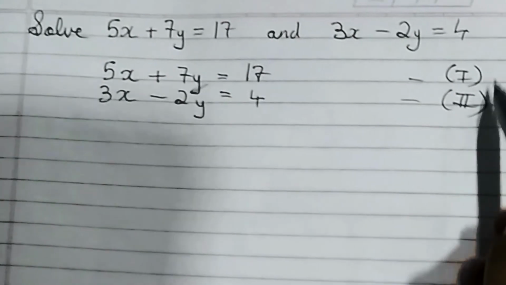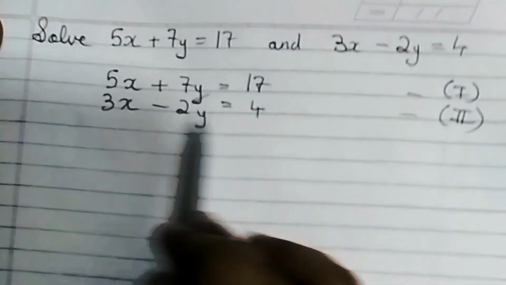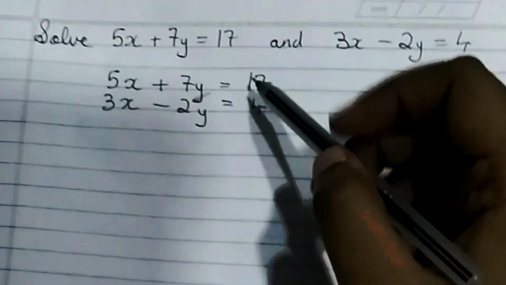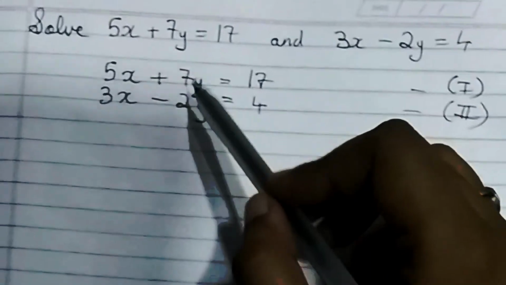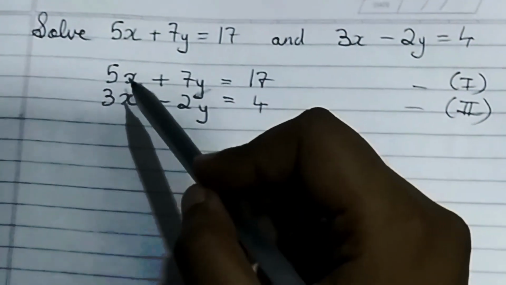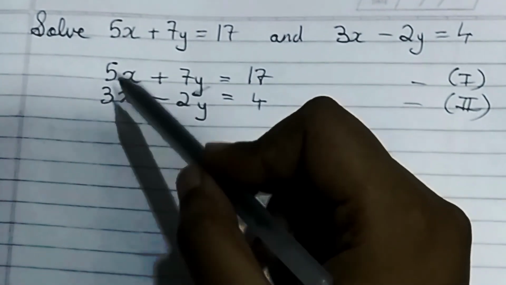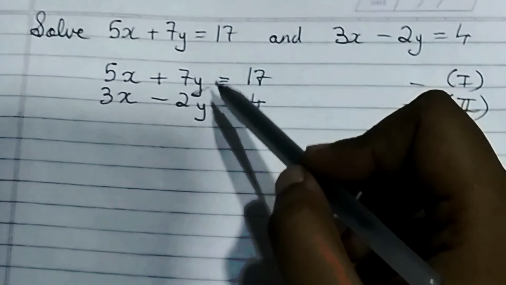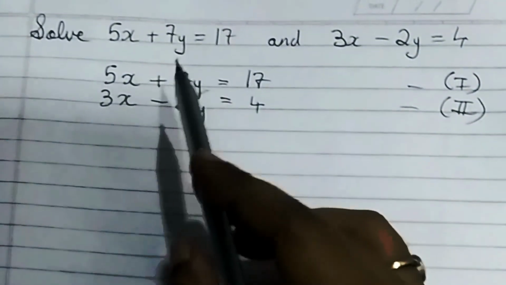Okay, we will solve this by the method of elimination. Here we have named these equation 1 and 2. Now see here, in this equation also the coefficients of the variables are not the same. The coefficient of x is not the same, and the coefficient of y is not the same.